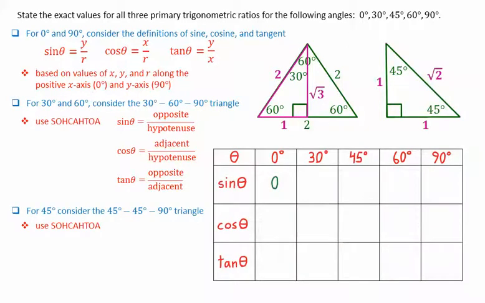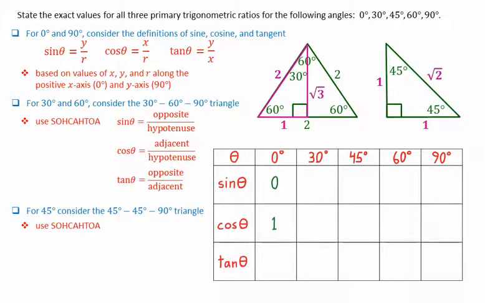First of all then, for sine of 0 degrees, note that along the positive x-axis, the value of y is equal to 0. This means that the value of sine theta is equal to 0 if theta equals 0 degrees. Similarly, for cosine of 0 degrees, here we're looking at the x value along the positive x-axis.